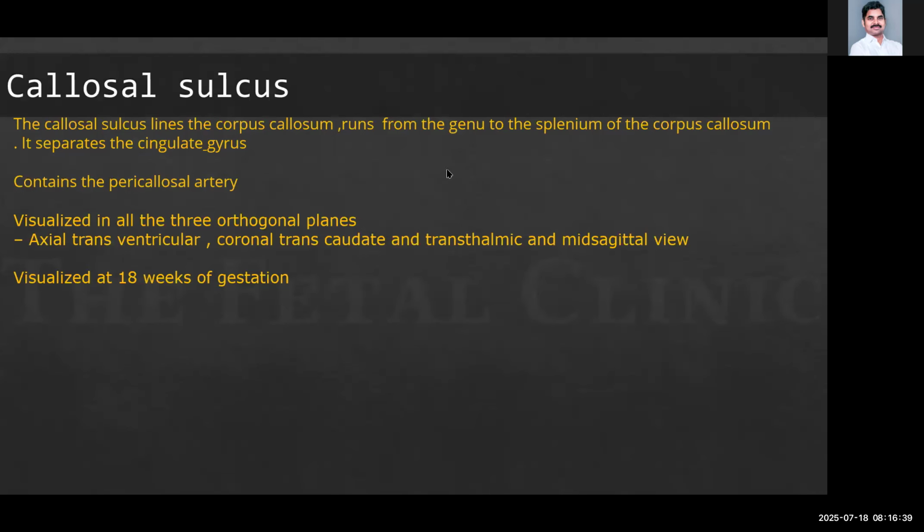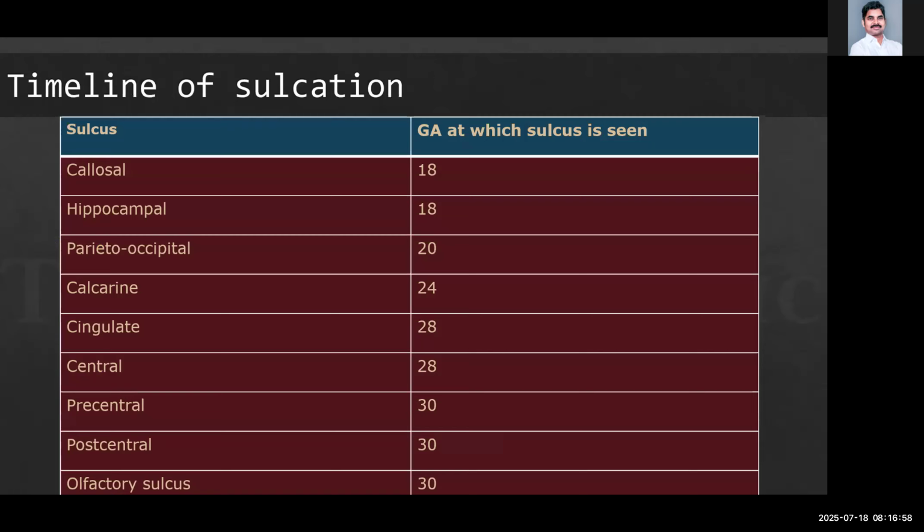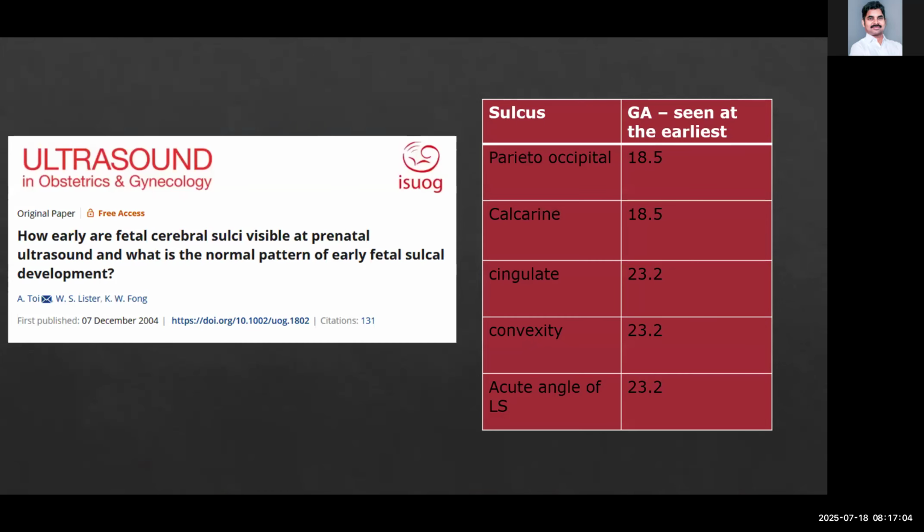So coming on to the individual sulci, the callosal sulcus lines the corpus. Hold on. In our clinic, we go by Ramamurthy sir's table only. Okay. Yes, sir. The one that you showed in the previous slide. Yes, sir. Go back. It will result in a bit of an overcall.